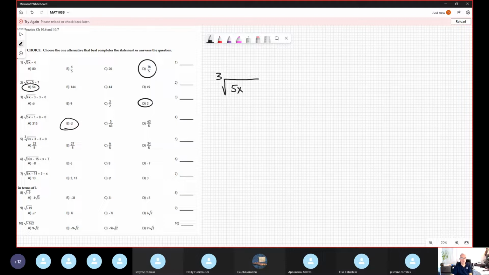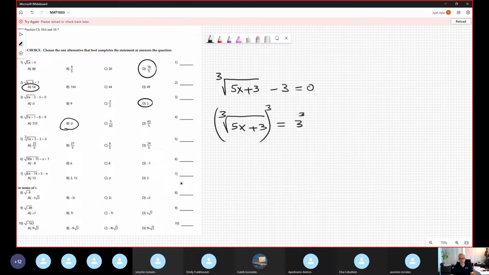Cubic root of 5x plus 3 minus 3 equals 0. Okay, again, same idea. You isolate the radical, but be careful because now the index is 3. Equal 3 positive in the right hand side, and you raise to the cube power, the same power of the index.